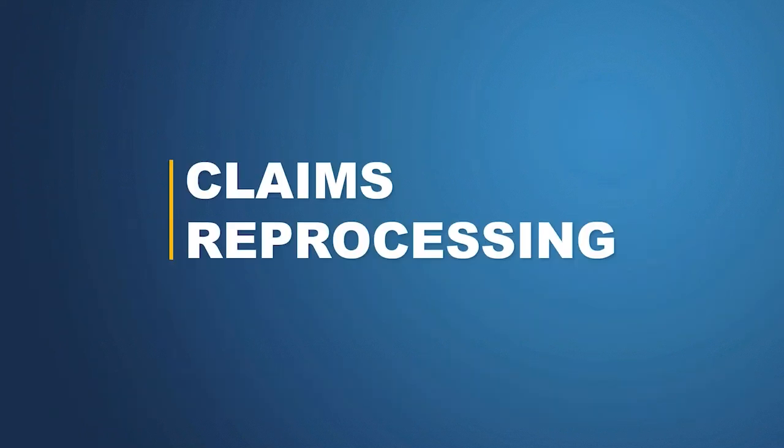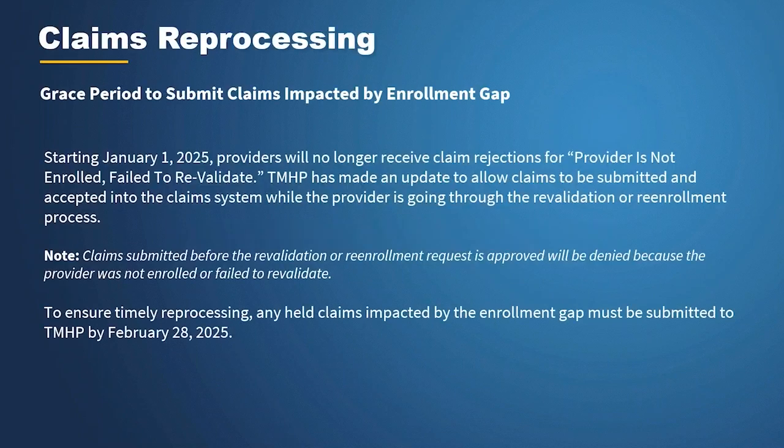Now, let's go ahead and review the claims reprocessing efforts that will also be taking place when the enrollment gap is closed. Good news for providers, starting January 1st, 2025, claims will no longer be rejected for the reason provider is not enrolled, failed to revalidate.